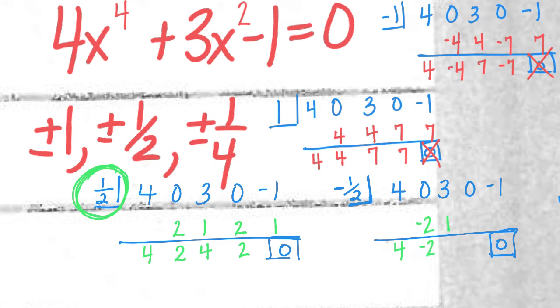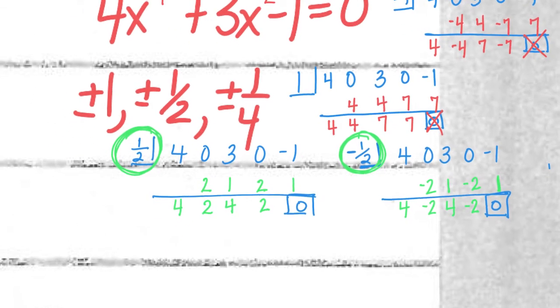Negative half is 1. Add down. Negative half of 4 is negative 2. Add down. Negative half of negative 2 is positive 1. So it looks like negative 1/2 is also a solution.